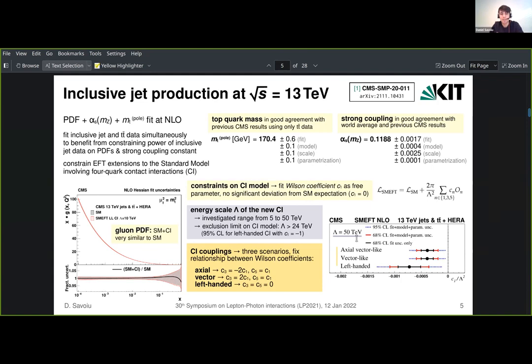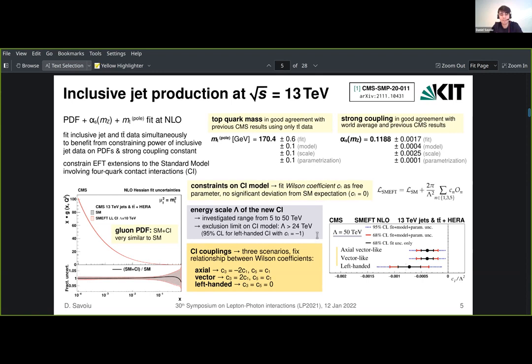Now you can see, for a particular energy scale, the results from this data. You have values that are very close to 0, which is the standard model expectation. It's slightly negative, but there's not really a significant excess to indicate that there are contact interactions beyond the standard model.